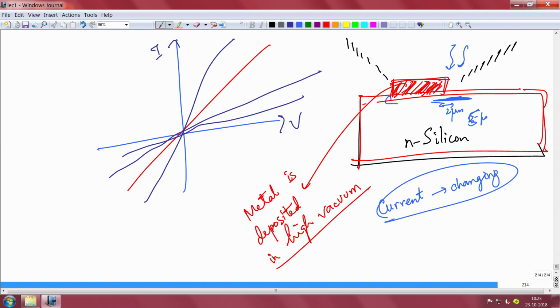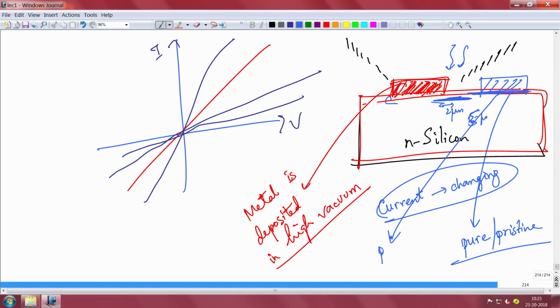Once you put the metal down, what happens is that in vacuum when you deposit this, this interface is very pure. I mean relatively much more pure and pristine. There is no atmospheric moisture and junk and other things, because you are pumping down, you are ensuring there is a vacuum in a particular closed chamber. So when you put that, the surface becomes very pure, the metal also is very pure. So when you put the metal there, the first thing is that this interface becomes very pure and controlled, right.